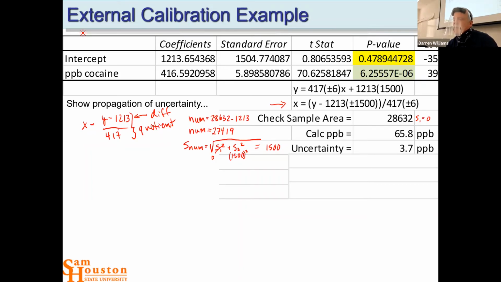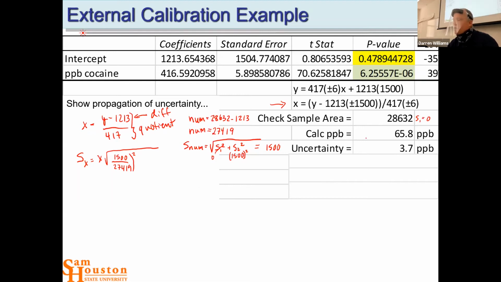And here's our numerator value. Now we can calculate the uncertainty in X. Whenever you're doing quotients, it's the relative standard deviations squared. So we have the numerator uncertainty, 1500 over 27,419. And that's where people make their mistake.